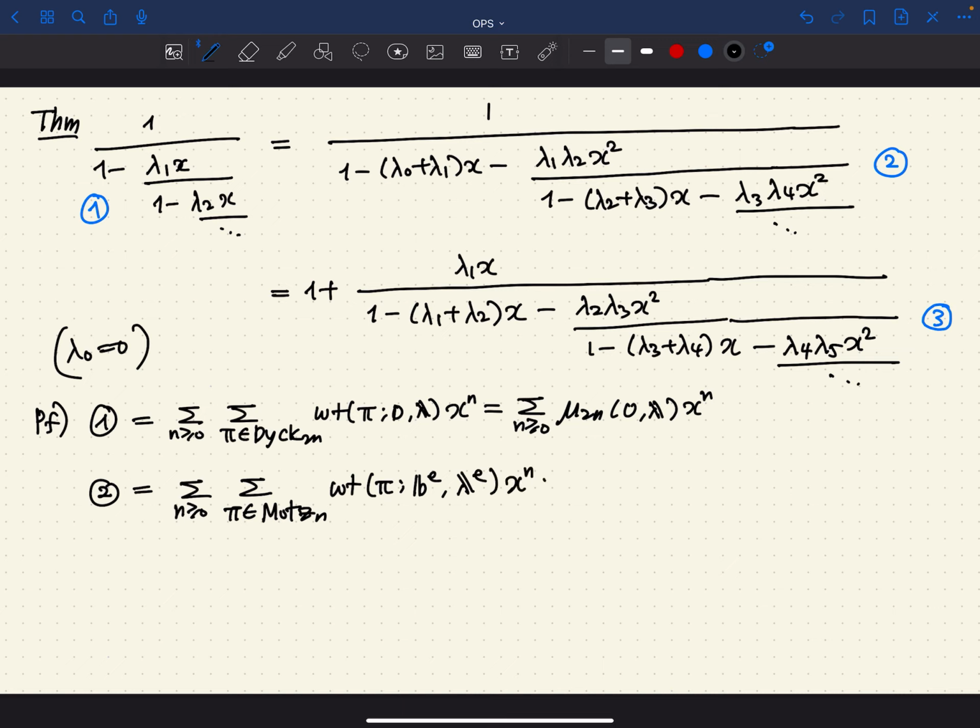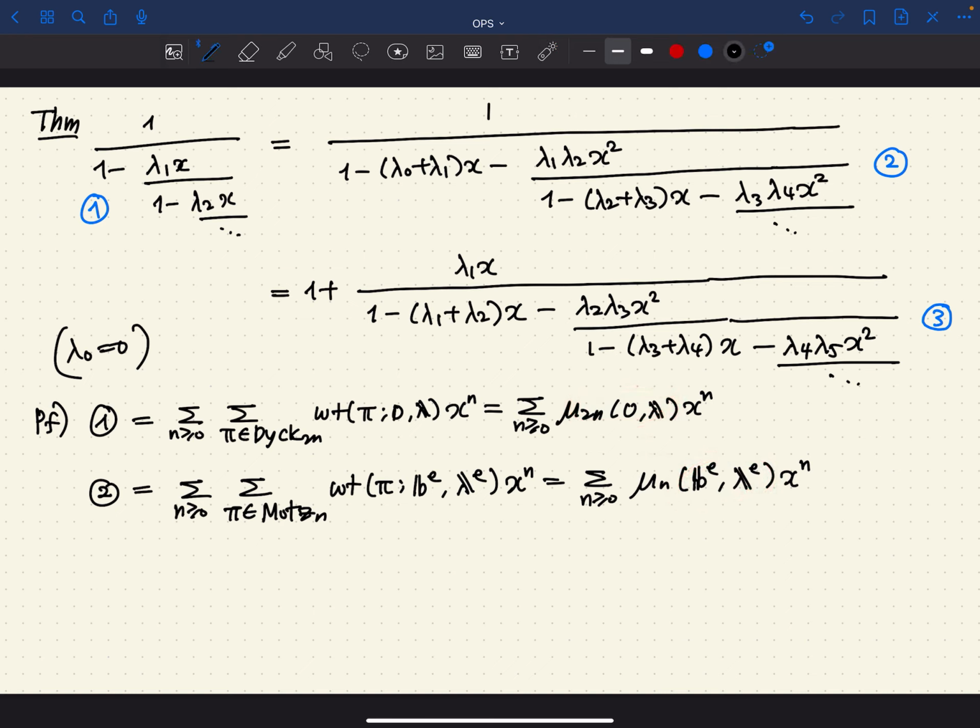But we know that this is mu n. We know that these two are equal, so that proves 1 equals 2.